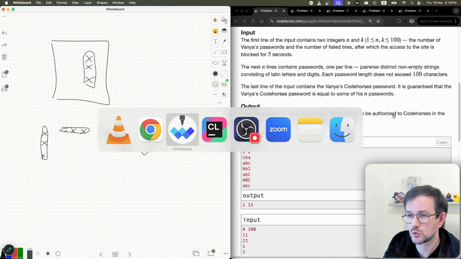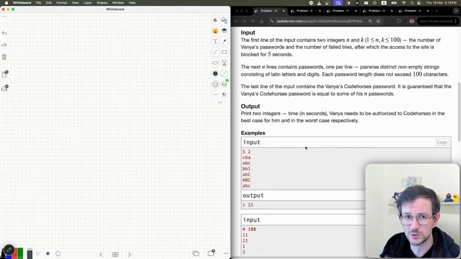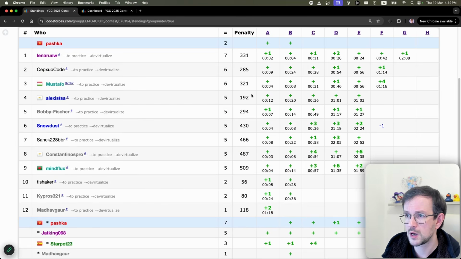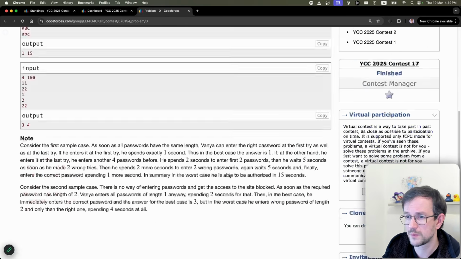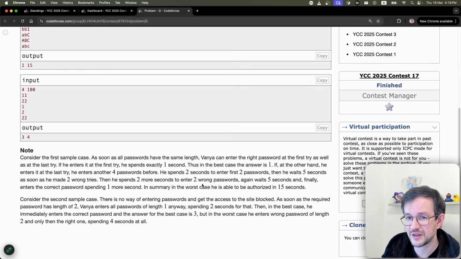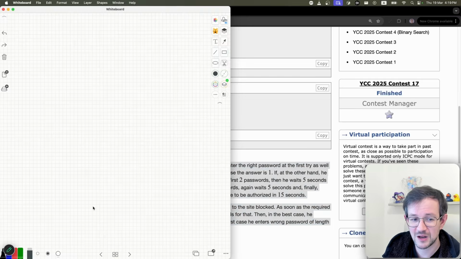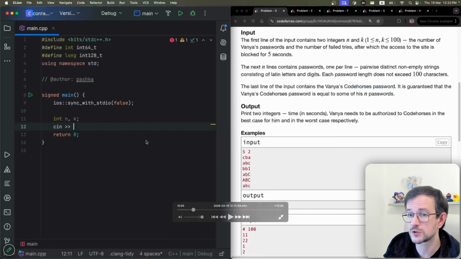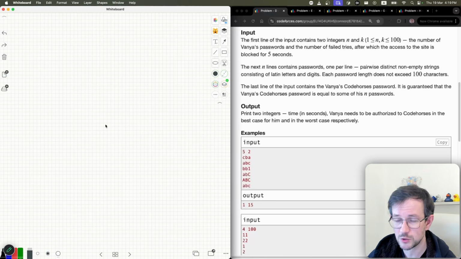Again, if you read the problem statement carefully and also read the notes, in the end of the problem there are some notes that carefully explain what's happening in the examples, and basically they spoil the whole solution. So you have strings, you try them in increasing order by length.